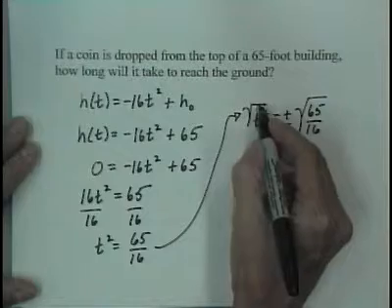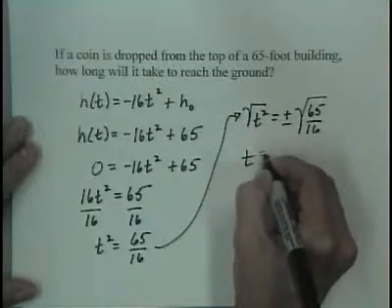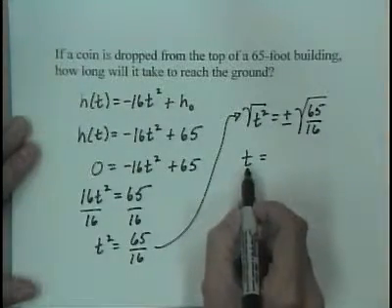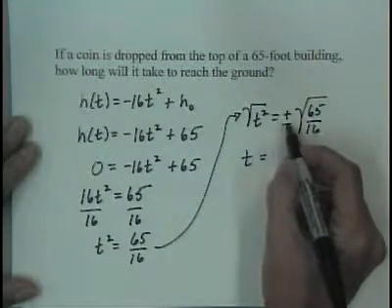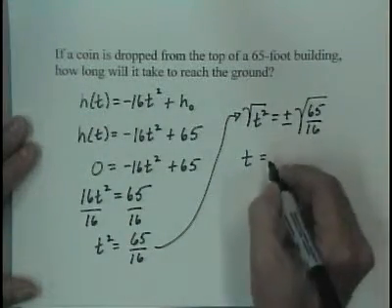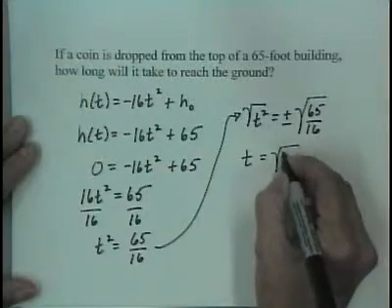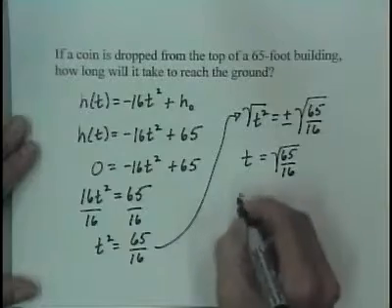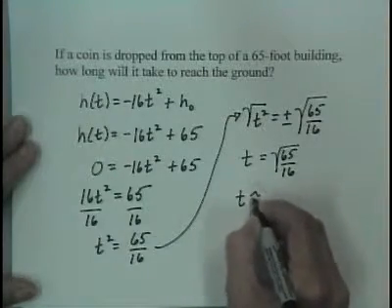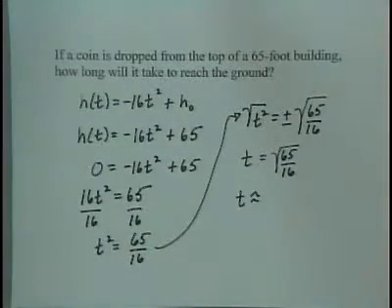However, I can see that the square root and the square simplify, and I recall that t is time. Time is not negative, so I don't need to keep the negative square root of 65/16, only the positive square root of 65/16.